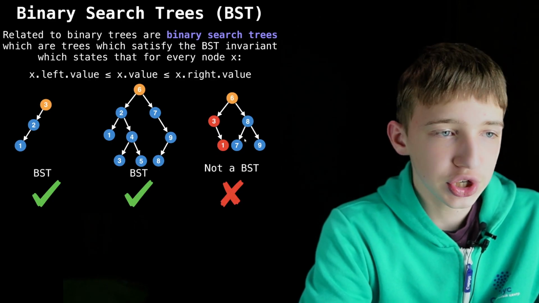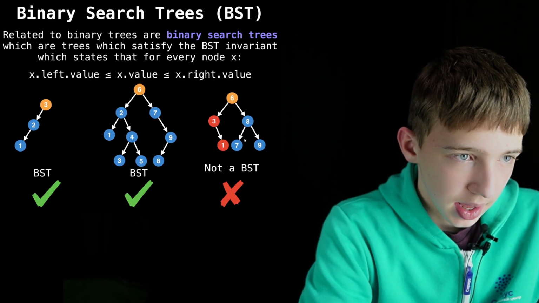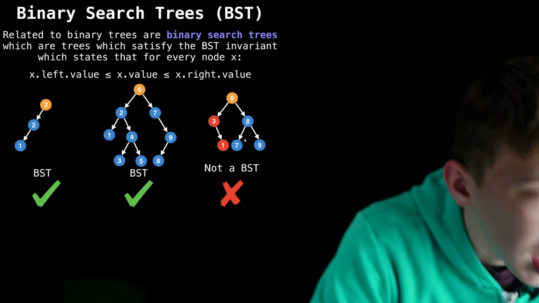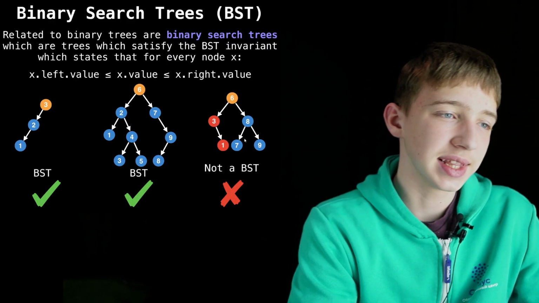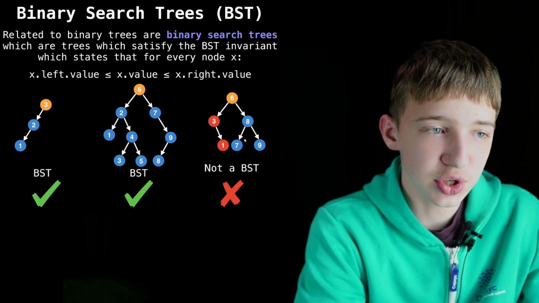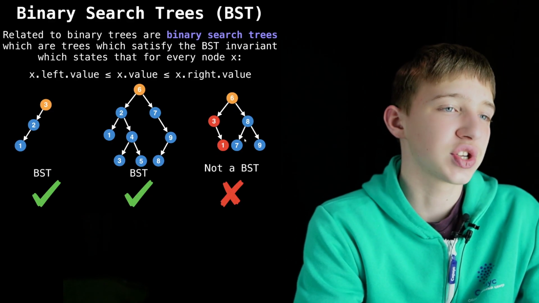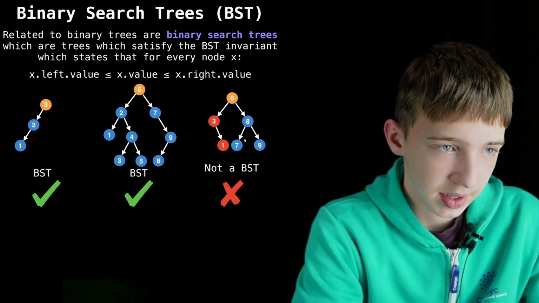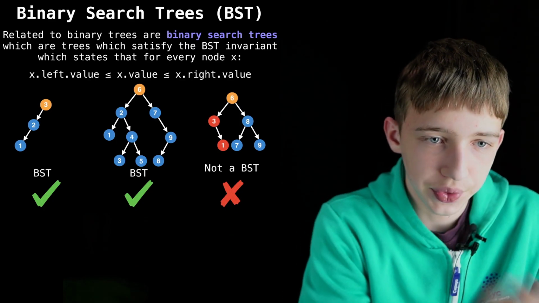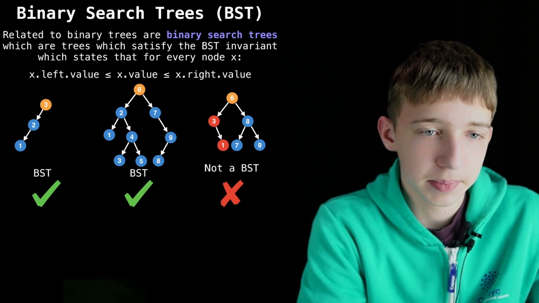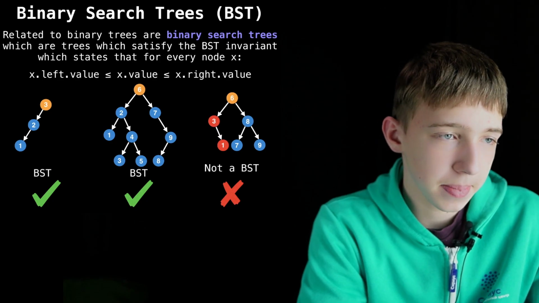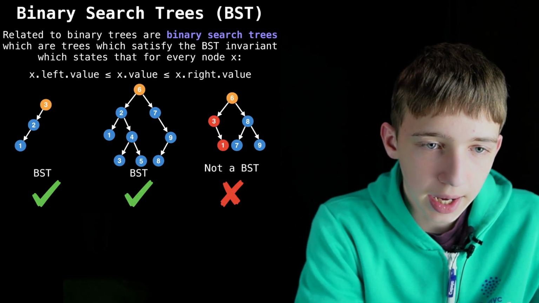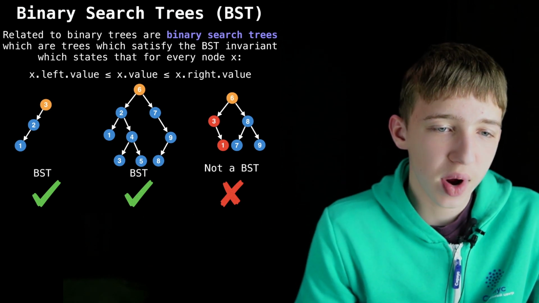That is, for every node X, its left child's value is less or equal to X, and its right child's value is greater or equal to X. So there's an invariant. To satisfy this invariant, it must satisfy this double inequality. And this is how it works.